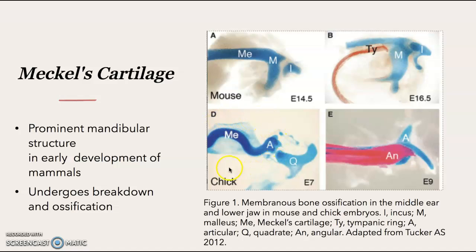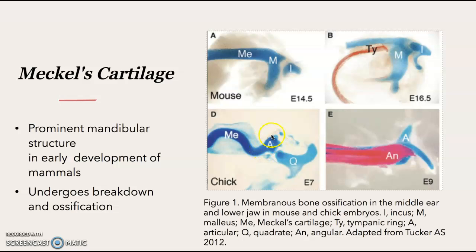This then would be the chick embryo. So what I would like to note about the chick, obviously we know their jaw is completely different than humans or a mouse. But I would just like to point out that their function is very similar. So Meckel's cartilage is still going to help form that lower beak jawbone that they have.